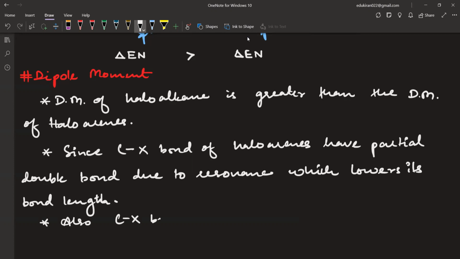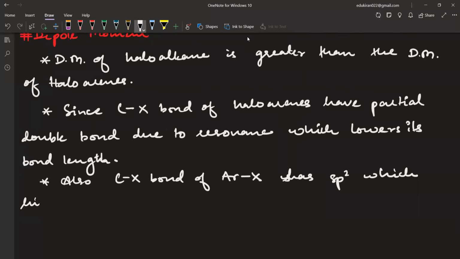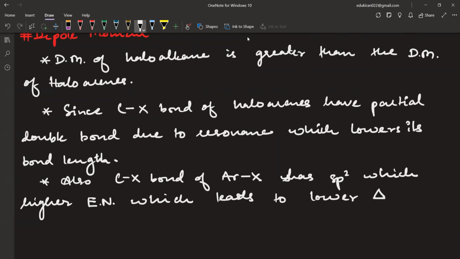Also, the C-X bond of haloarenes, ArX, has sp2 carbon, which has higher electronegativity, which leads to a lower difference in electronegativity.